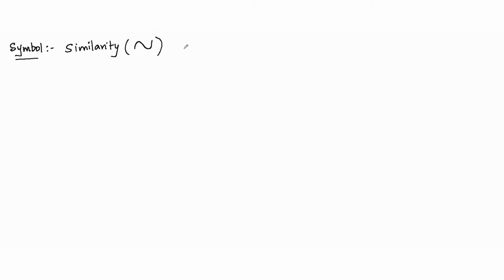It is like a sine curve, whereas for congruence, if you remember, the symbol was a sine curve with an equal to sign under it. So this is the sign of similarity versus this is the sign for congruence.